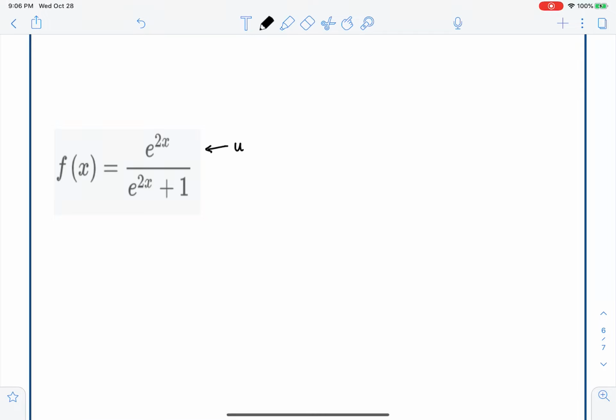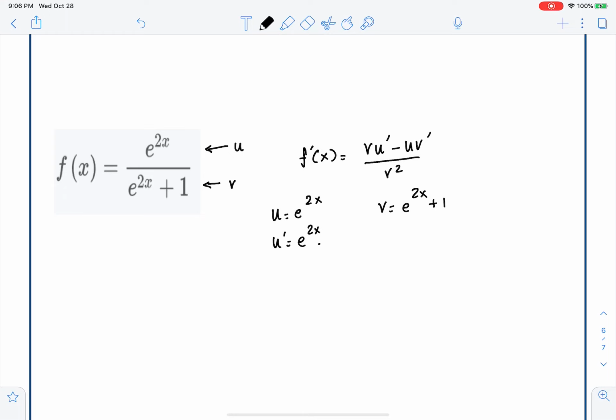So that is u and that is v, and we know quotient rule states v u prime minus u v prime divided by v squared. u is e raised to 2x, v is e raised to 2x plus 1, u prime is e raised to 2x times 2.